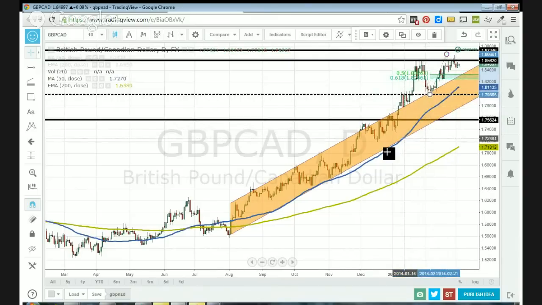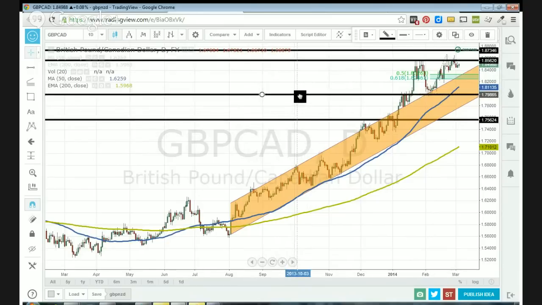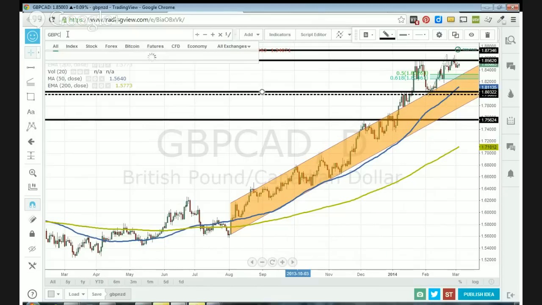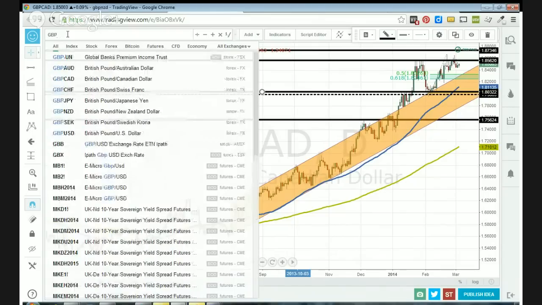Still though, I mean, I don't know. At least, really, yeah, this line here. Really pull back to 80.30, somewhere around there. So that's still 500 pips away before I can do anything with Pound Canada. That's the story with the Canadian dollar. Hasn't been giving much of a pullback, really.